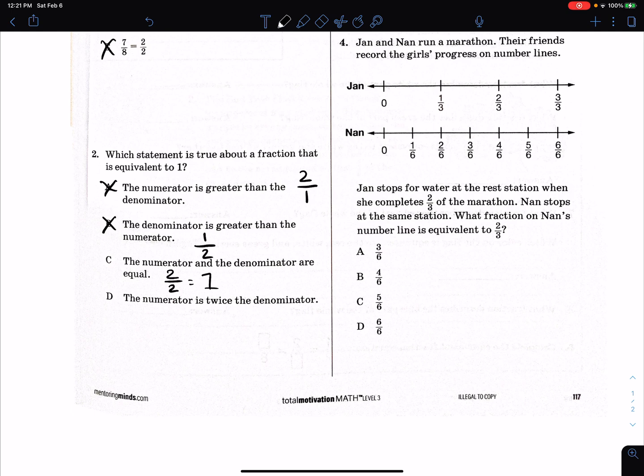And so we think this one might be correct, but let's look at letter D. The numerator is twice the denominator. So that means if my numerator is 4, my denominator is going to have to be 2, because 4 is twice 2, or 2 times 2 is 4. So that's not going to be equal to 1. So my correct answer is going to be C. The numerator and the denominator are equal. Okay, with these, you want to read slowly and carefully to make sure you're reading the question correctly.